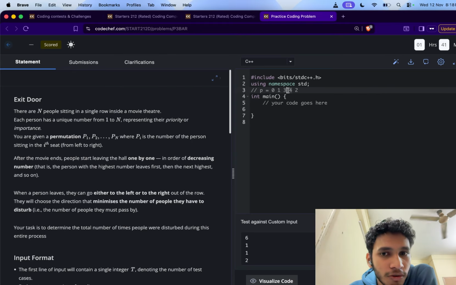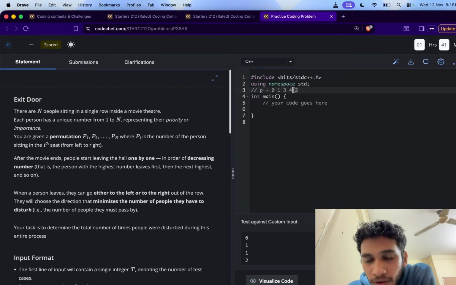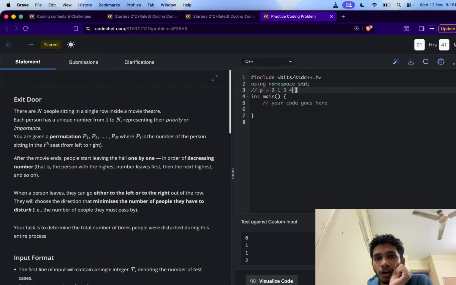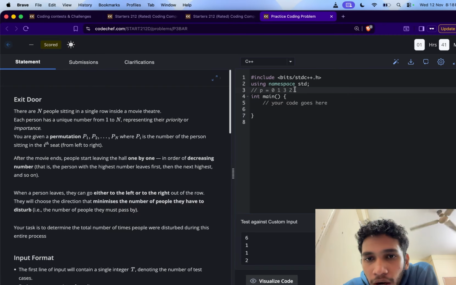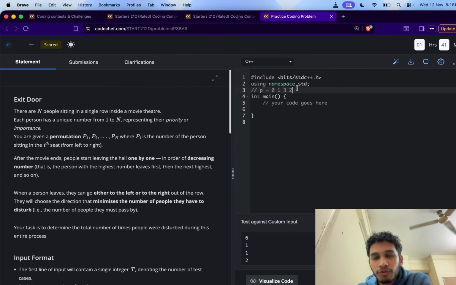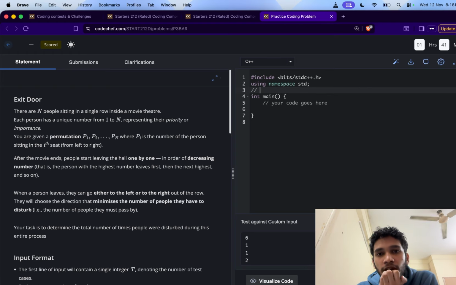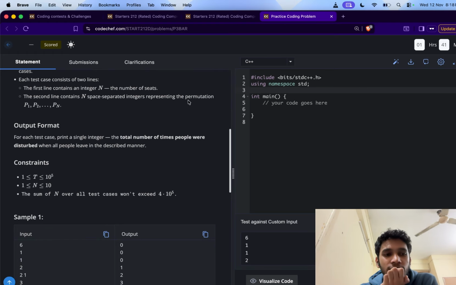This 4 wants to leave, so there is 1 person to the right and 3 to the left, so it will choose right, of course. So it will disturb 1 person. Now 4 is removed, and 3 wants to leave. There is 1 person to its right, so it will just disturb 2 and move to the right, and 3 is gone. Similarly, this is the process. Let's go through the test cases.